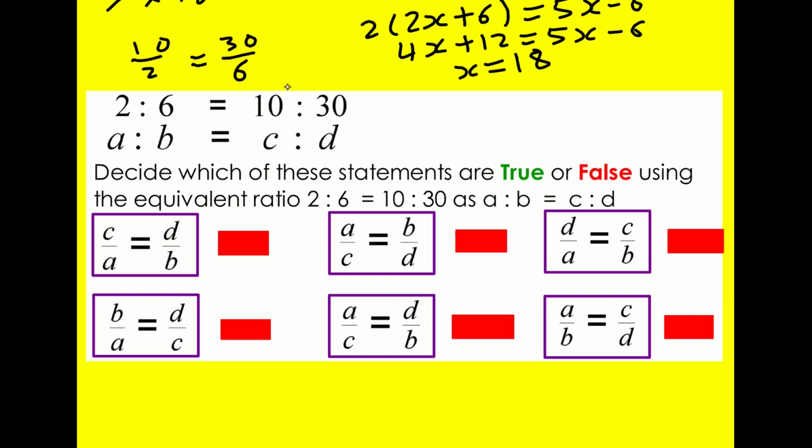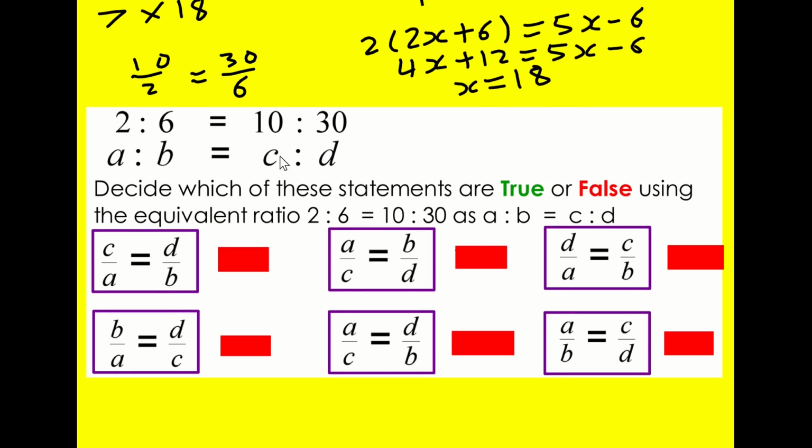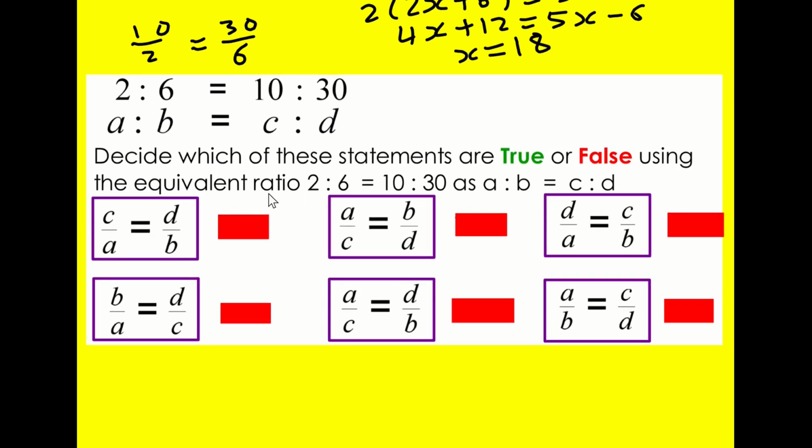There's a constant scale factor that I'm multiplying by to go from 2 to 10 and 6 to 30. This question maybe should have been before the other one, because if you've understood that one, you're probably okay with this. So is this one true?